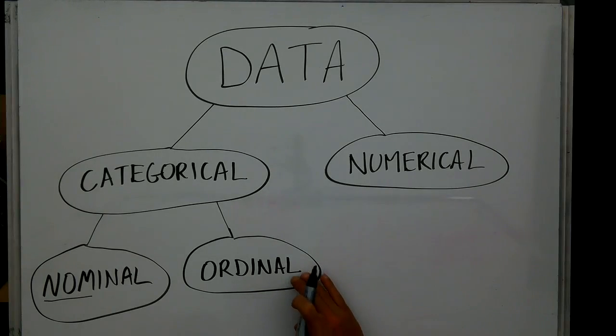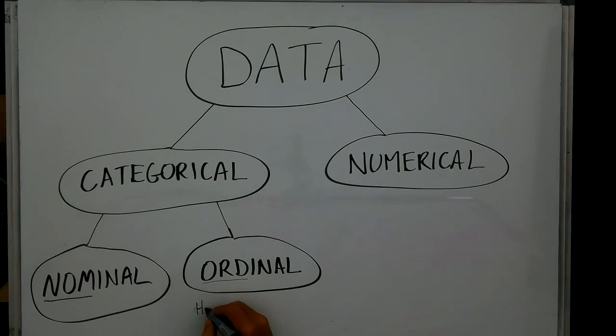Ordinal is very similar to nominal. These tend to have named categories rather than measured categories. But the difference between these, and there's a clue in the word, ord, is that these are ordered categories. So these have an order. That could be things like on a survey, sometimes, always, never, or in a race, first, second, third.